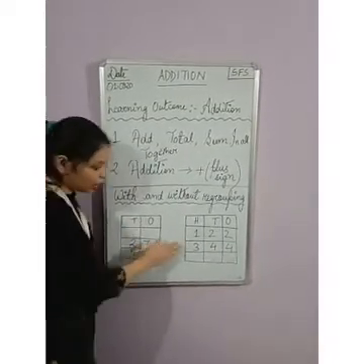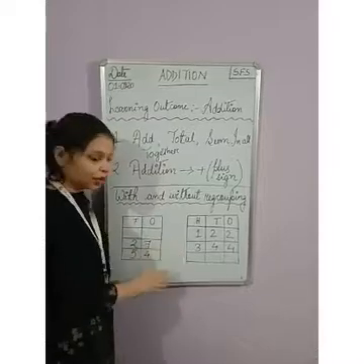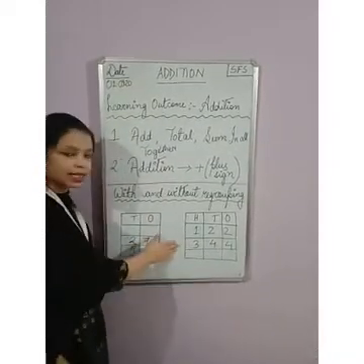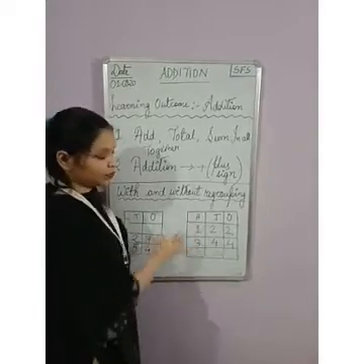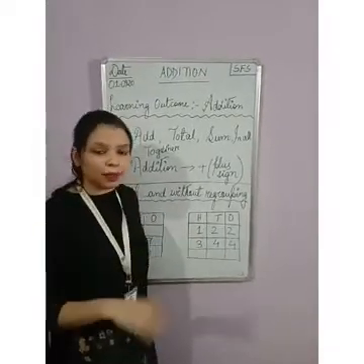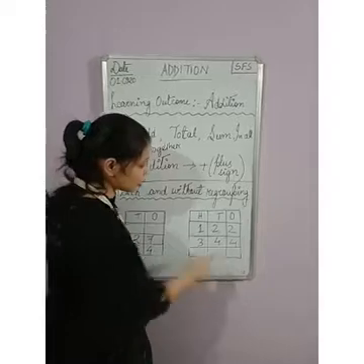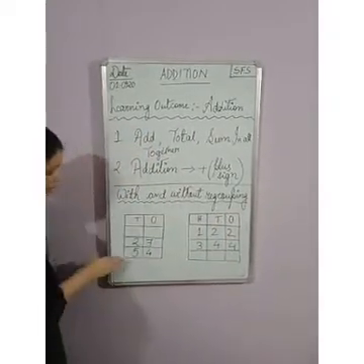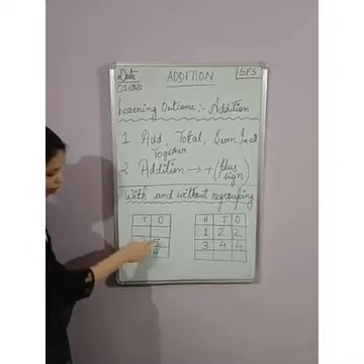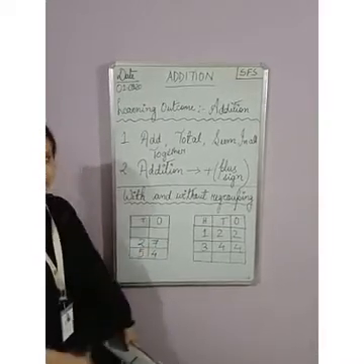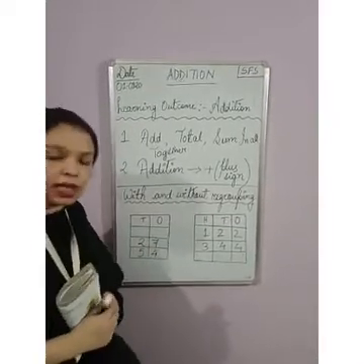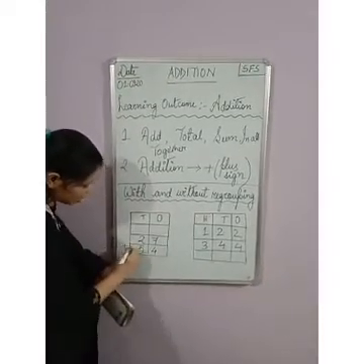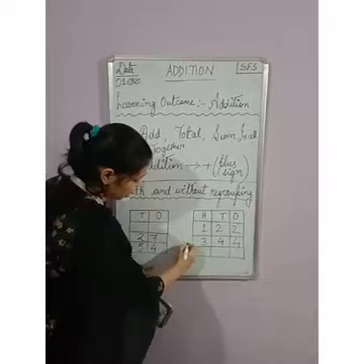For without regrouping, I don't have to keep an empty row because there is no carryover, and it is for a 3-digit number. For a 3-digit number we get 3 columns in the place value: ones, tens and hundreds. The example here is 27 and 54 for the 2-digit number, and the sign of addition that we use is the plus sign, placed here. Similarly here, the plus sign.